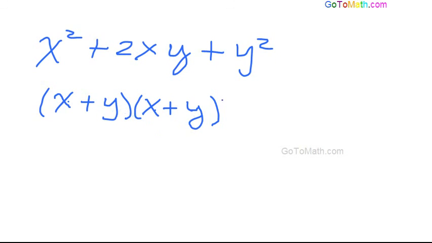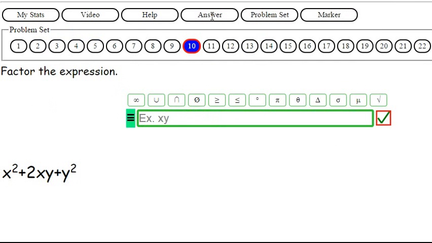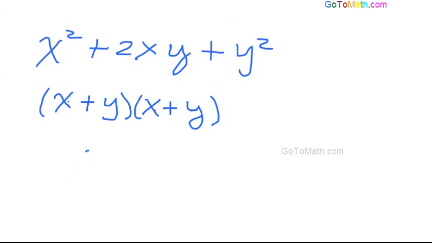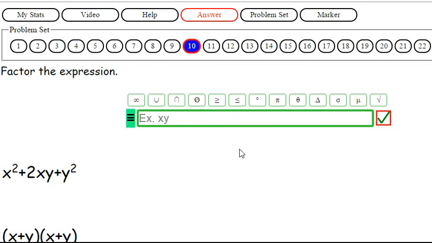Then y times y is y squared. So why not? Right? Now I should also say this is also, I guess, a proper way of writing that. But since we're factoring it completely out, I just write the two factors out.